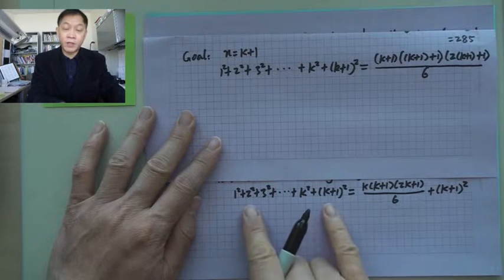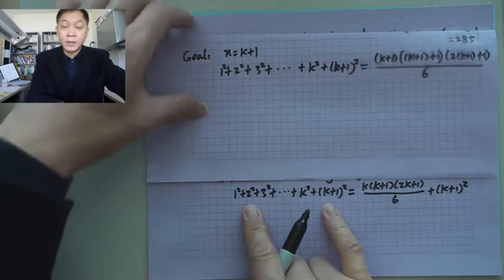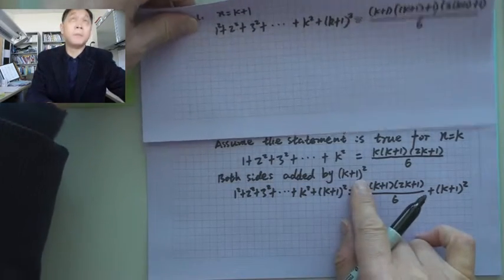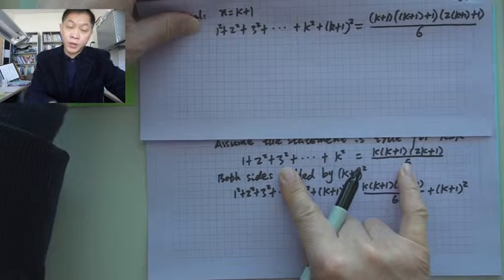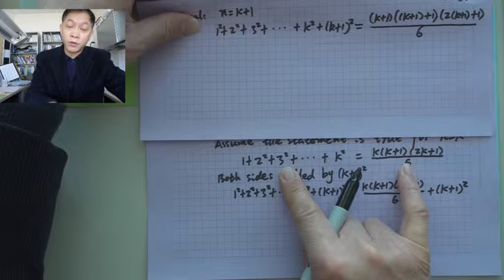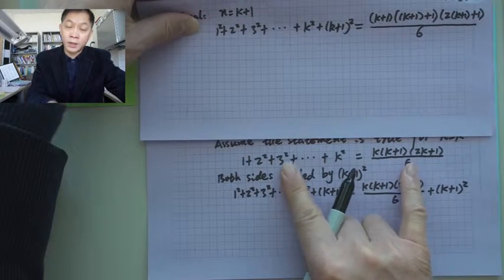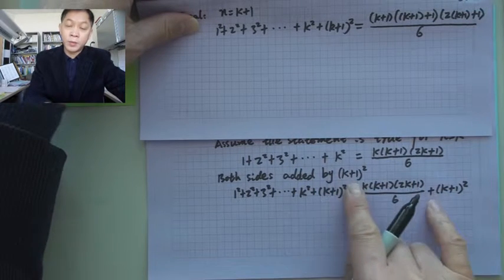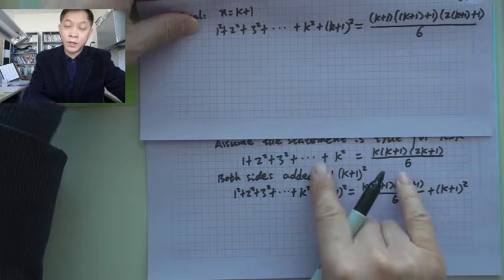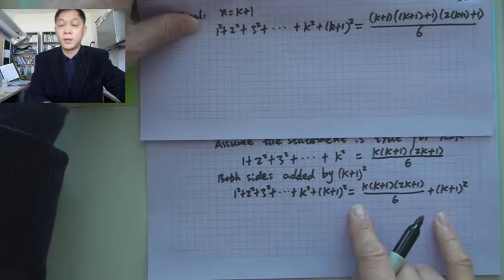And here we have a left hand side already by adding what? k plus 1 squared to the assumption. Because the assumption was k, the statement is true for n equals k. And then we add k plus 1 squared to the assumption, we get that.